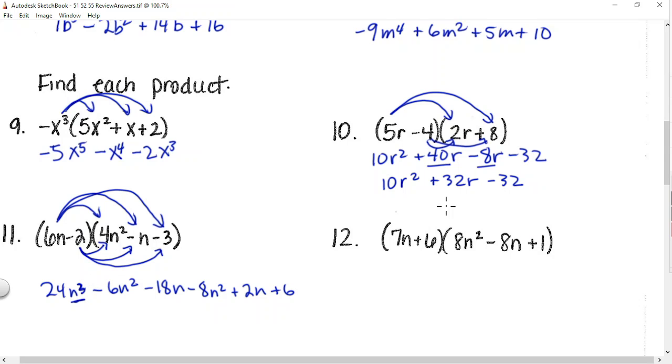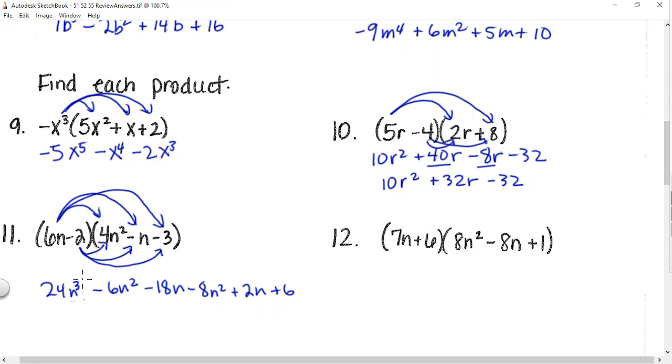This is 6n times 4n squared. Let's write that better. That's 24n cubed.